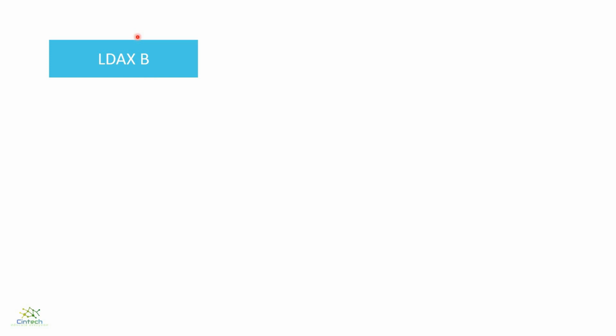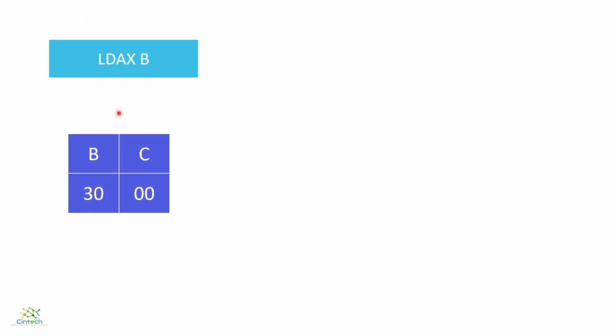LDAX B. Though these are very simple, I will hopefully make you understand the whole of it. From the previous knowledge you can see that LDA is present already here, so you have to load the accumulator, and X is also present, so that means some sort of register pair is involved.